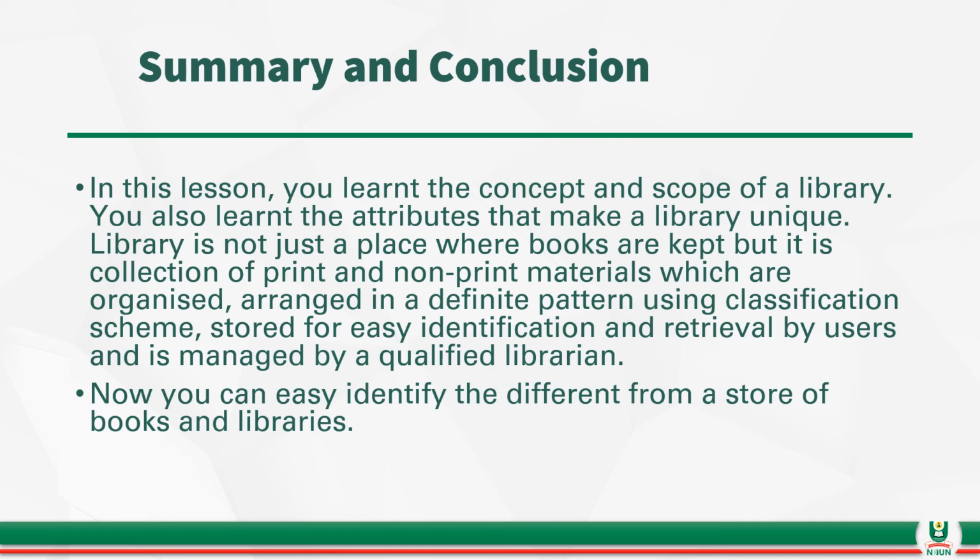Library is not just a space, it's not just a building where you keep books, but it's a collection of print and non-print material which are arranged, organized in a definite plan using a classification scheme, and they are managed by a professional librarian or experts in the field of librarianship that will store the information for easy identification and retrieval by any user.